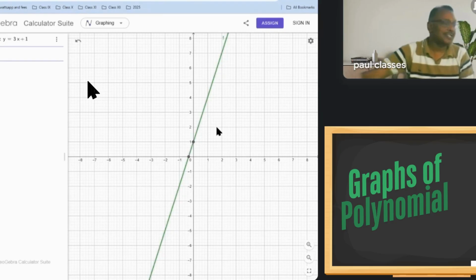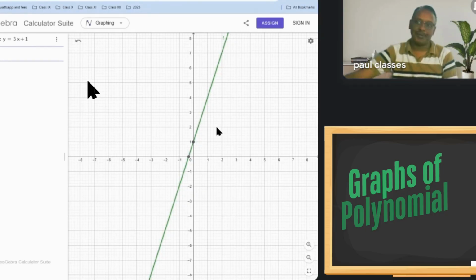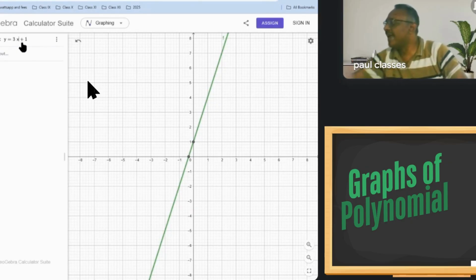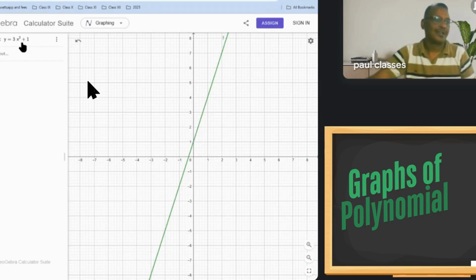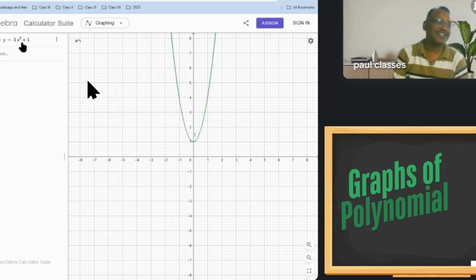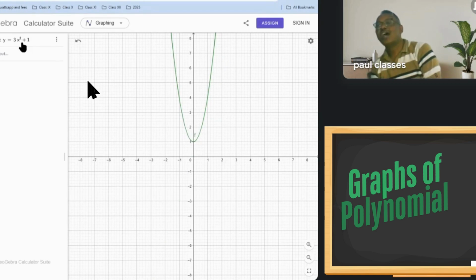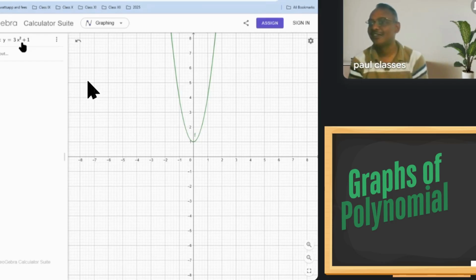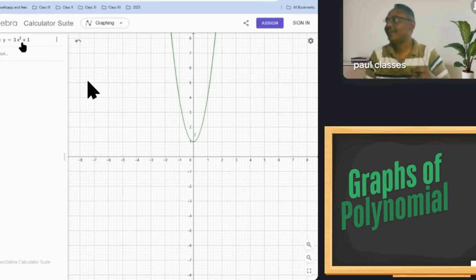then how many times is it intersecting? It's a linear polynomial. If I put this as 3x square, now see what happens. Divita, how many times is it intersecting the x-axis? 0 times. Right.